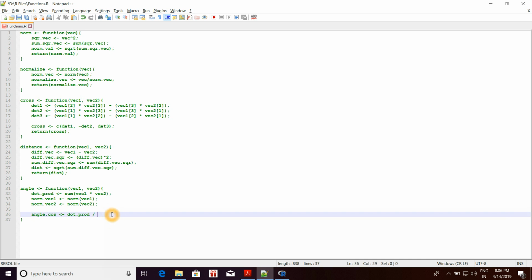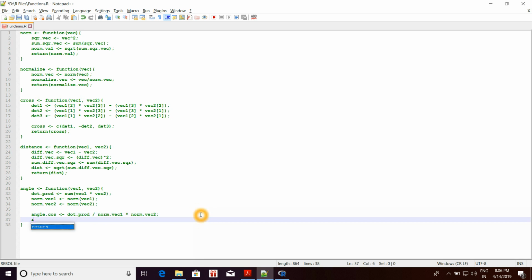So it will be dot product by norm dot vec1 into norm dot vec2. During projection we will need the square, so now we will return angle dot cos.